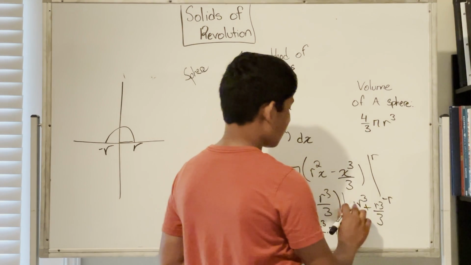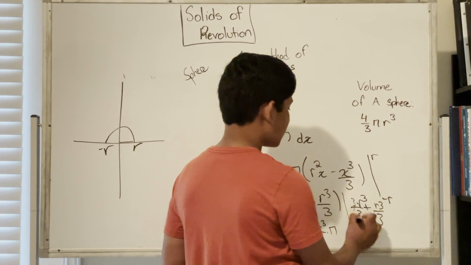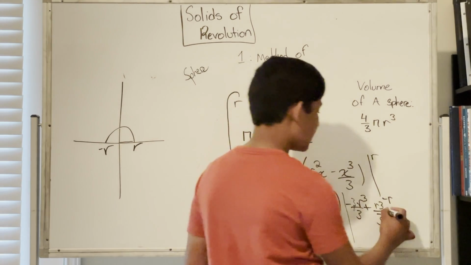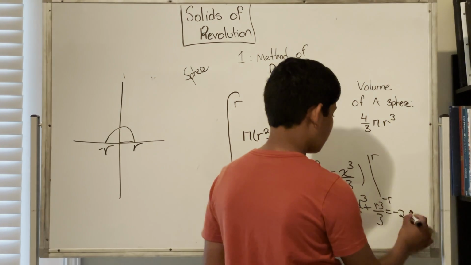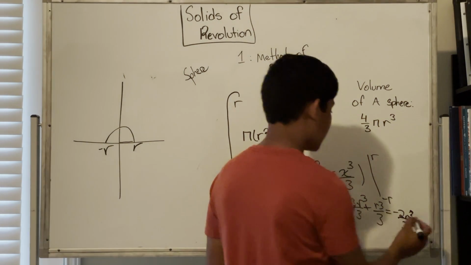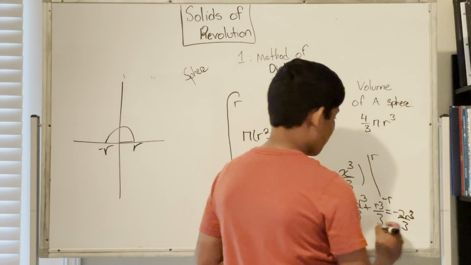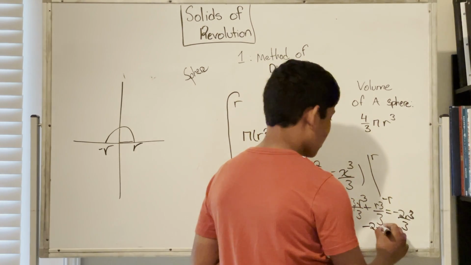Now we can do the same process, multiply by 3 and divide by 3, and we get minus 2r cubed over 3, multiplied by pi.